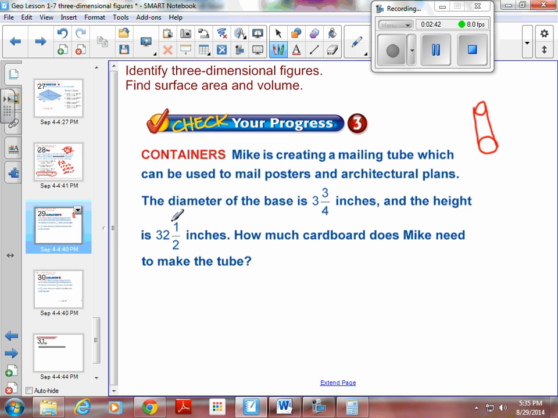The diameter of the base is 3 3/4, and the height is 32.5. How much cardboard does Mike need to make the tube?